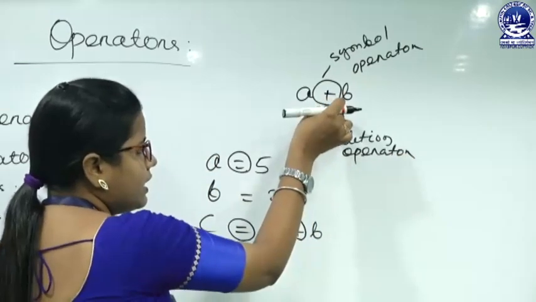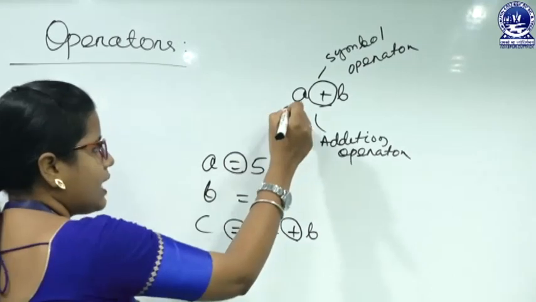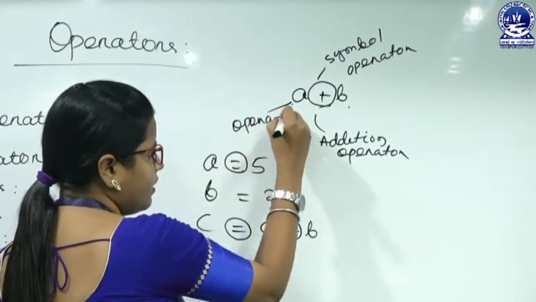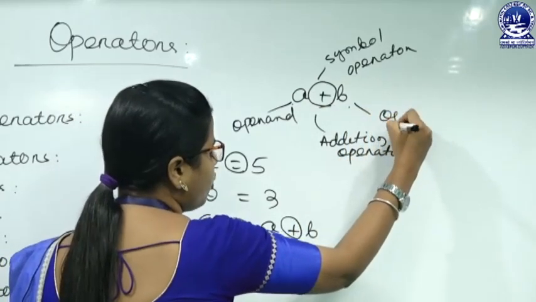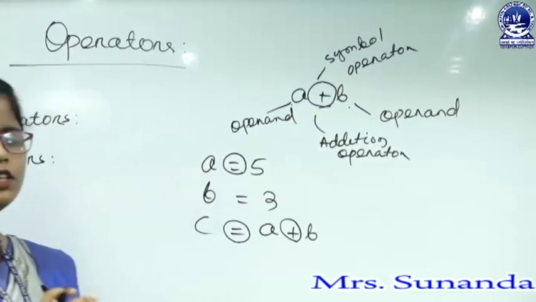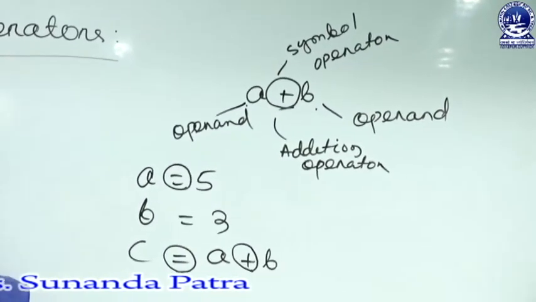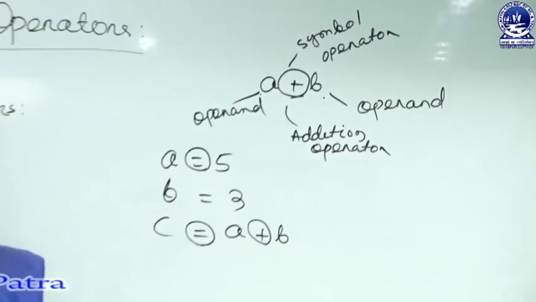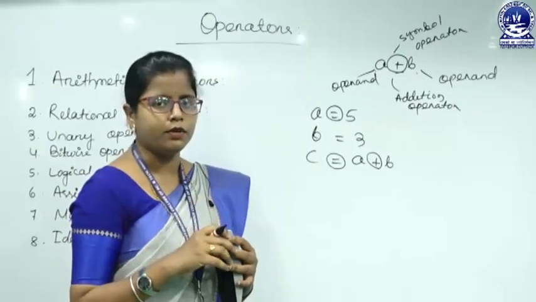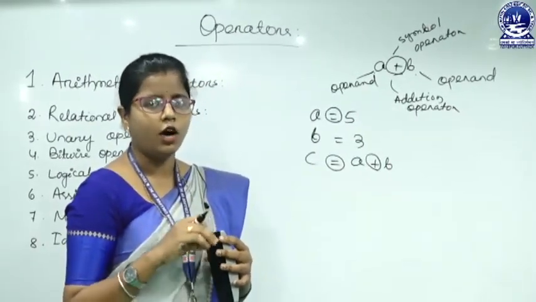This addition operator performs on two variables, that is A and B. So this is an operand and this is the second operand. In general, operators are the symbols which work on some values and variables to do some specific operations. Those values and variables on which the operator works are called operands.